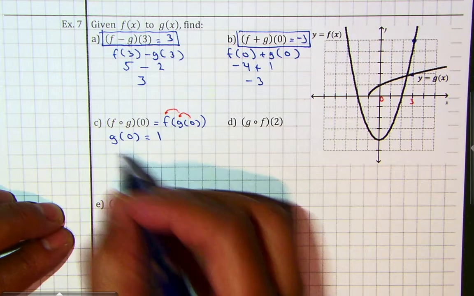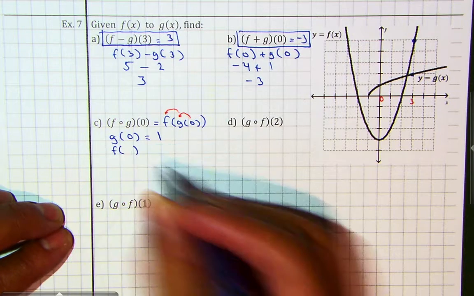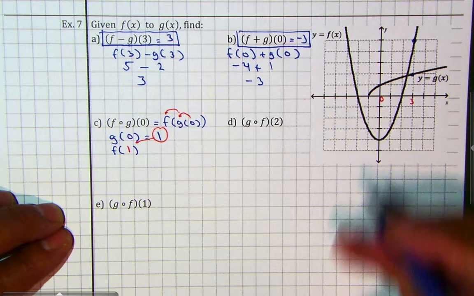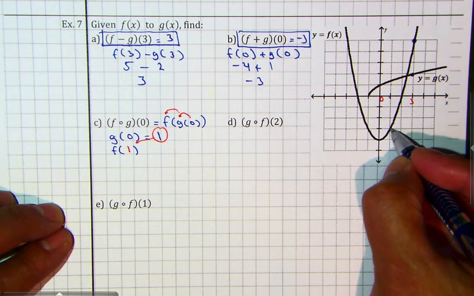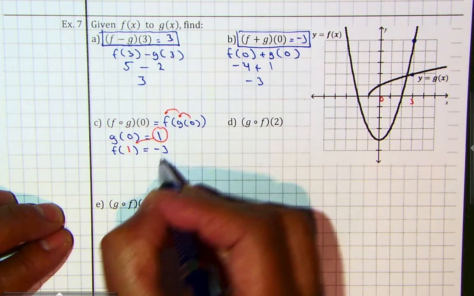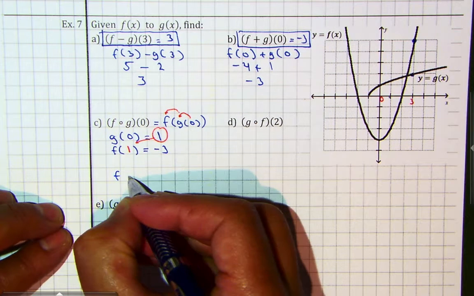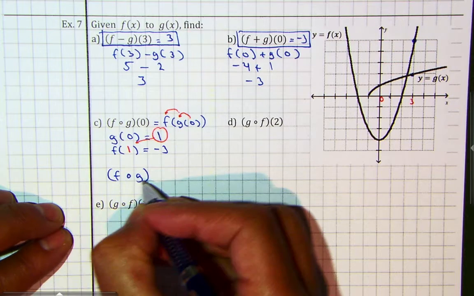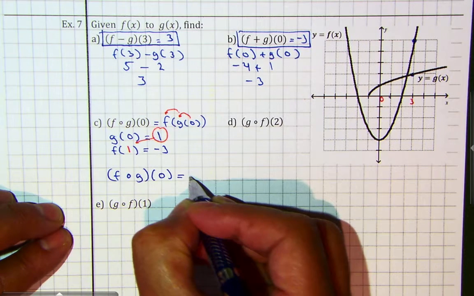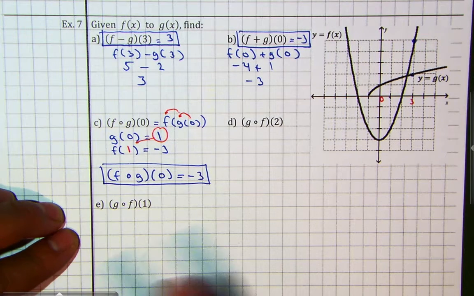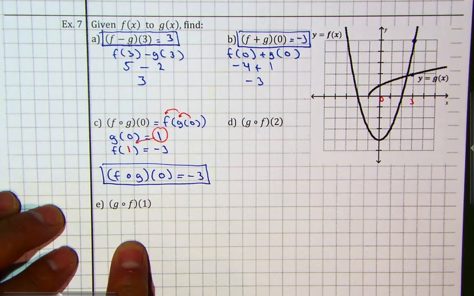So now I need to find f of 1. Plug in a 1 for the f gives you negative 3. So therefore, f composed with g of 0 gives you negative 3. See what you get for D and E, and then we can check your answers.